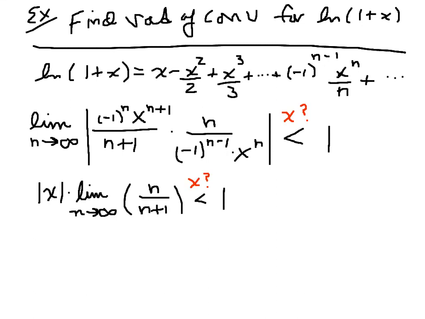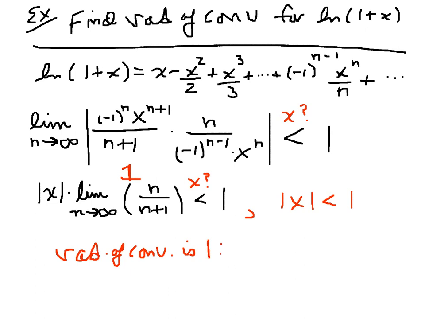So by pulling out the absolute value of x and looking at what we're left with, we just have the limit as n goes to infinity of n over n plus 1, and we know that limit to be 1. So therefore what we get is the absolute value of x must be less than 1, which means the radius of convergence is 1.